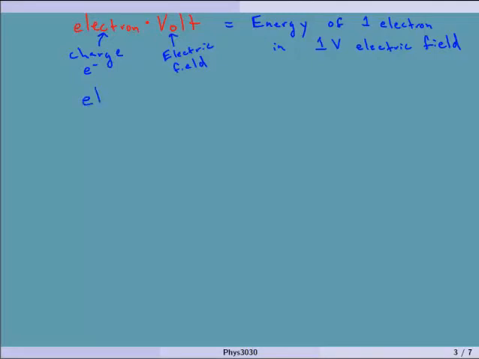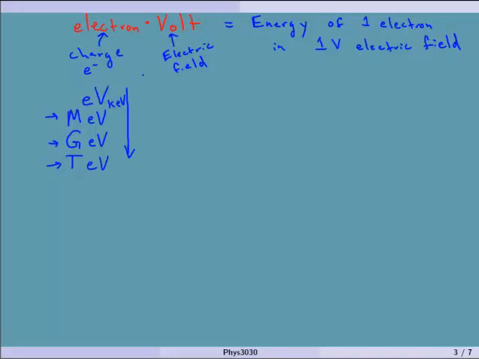It's usually written little e times big V. Then you might see a mega electron volt, which is a million, giga electron volt, tera electron volt. So this is getting bigger and bigger, and there could be a kilo electron volt in between. That's million, that's billion, that's trillion. So we're going to start talking about these things.